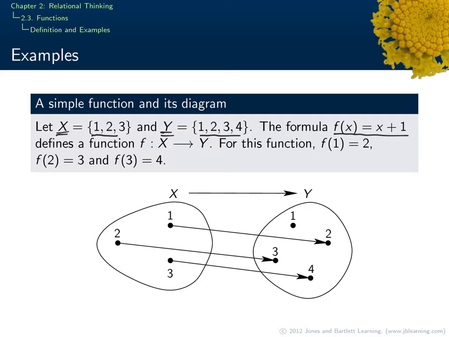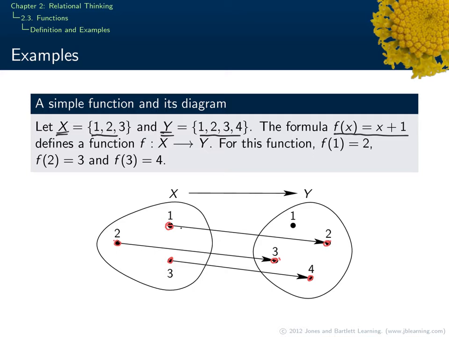The next thing we need to do is to check that every element of X is assigned to a single element of Y. So we look at the number 1. That input is assigned to a single output, namely 2. The input 2 is assigned to a single output, namely 3. And 3 is assigned to a single output, namely 4.